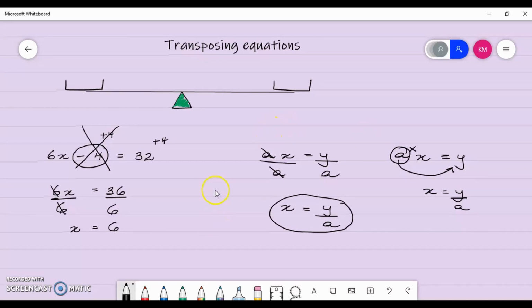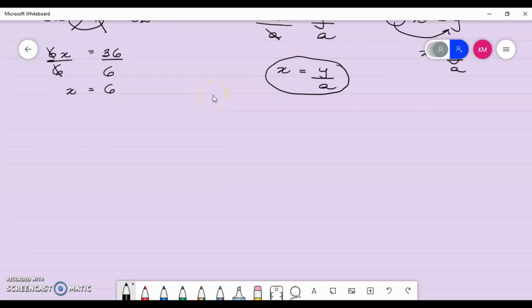Let's have a look at another one. Let's say we have cx plus b equals y, and I want to make x the subject of my equation, meaning I want x alone on one side. Now remember, the last thing that you did is the first thing that you need to reverse.